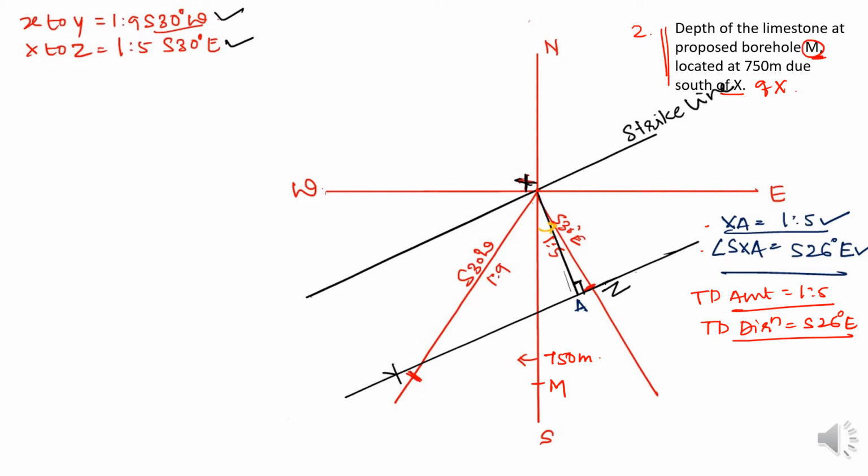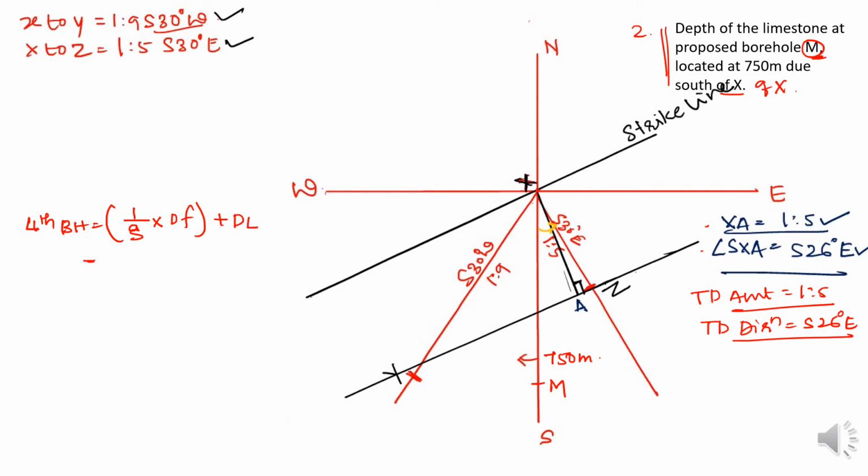There is a formula: depth of the fourth borehole equals 1 by G into df plus dl.